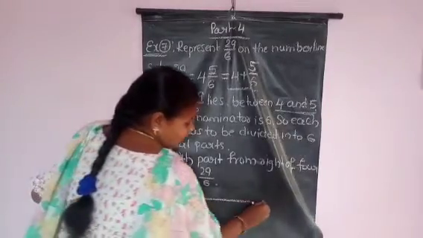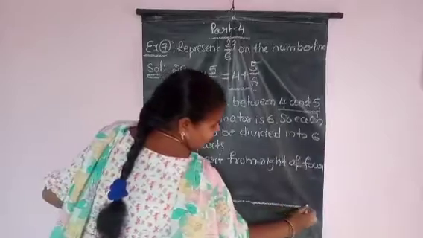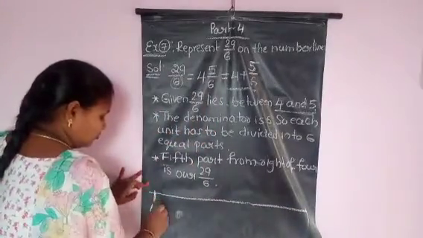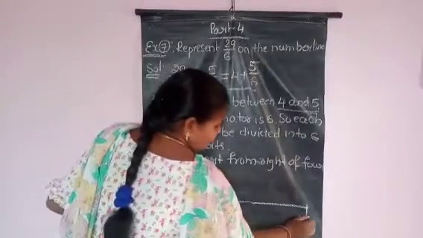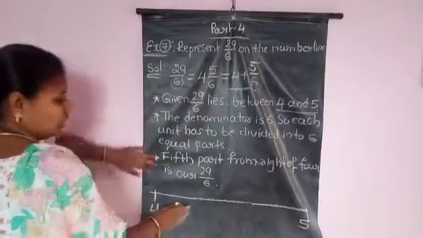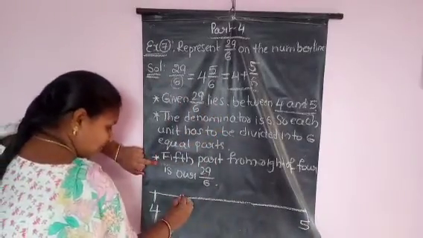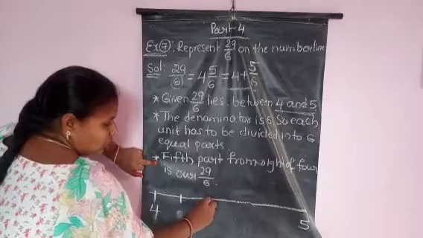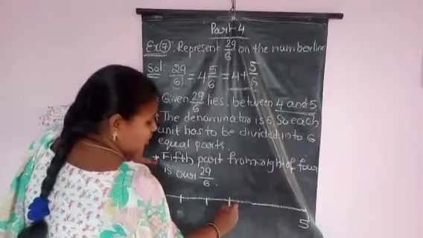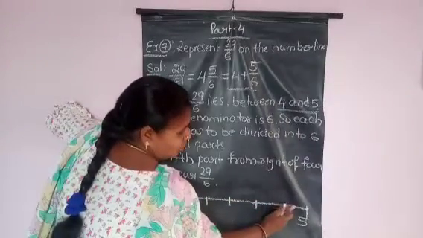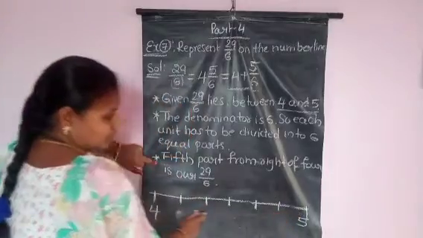So it lies between 4 and 5, and each unit has to be divided into 6 equal parts: 1, 2, 3, 4, 5 and 6.